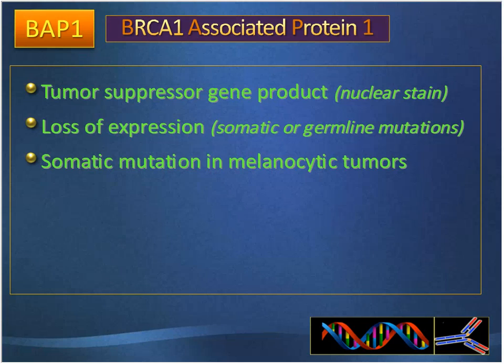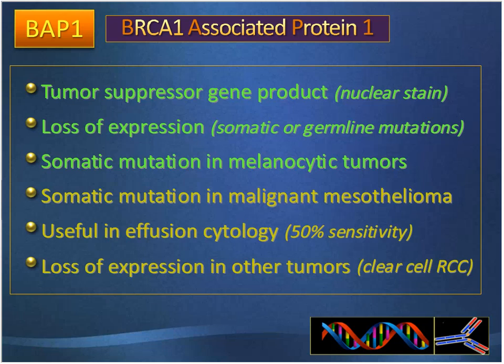Somatic mutation is not uncommon in melanocytic tumors, and where we use it is usually in malignant mesotheliomas. This is particularly helpful in effusion cytology, with the understanding that the sensitivity is not 100%.